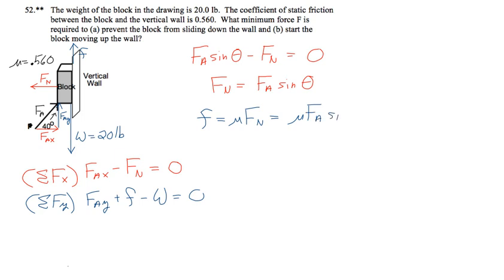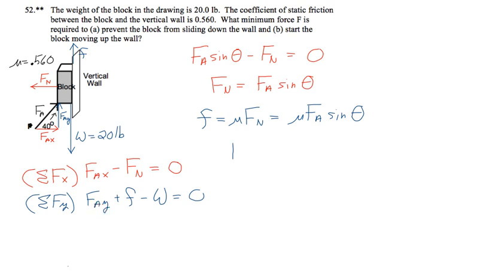What I'm trying to do is reduce the number of unknown variables I have in this problem. So now, if I look at the second equation down here, I have something that I can replace friction with. I know what the value of W is, and I can also replace Fay. I haven't done that yet, but what will Fay equal?